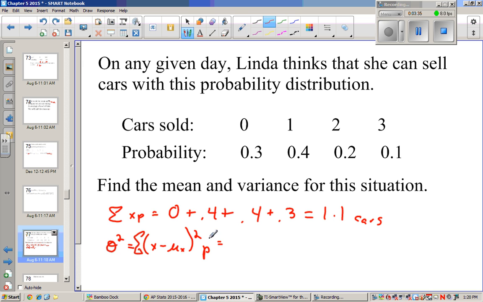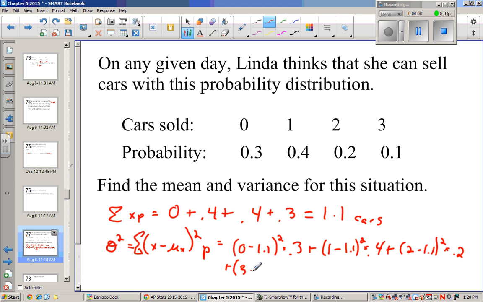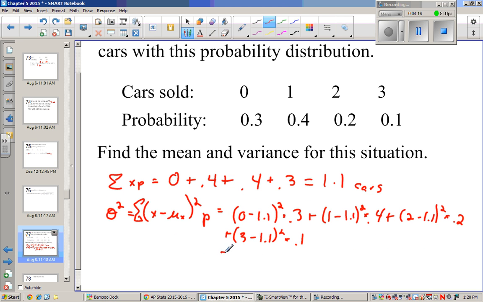So I'm going to take 0 minus 1.1 squared multiplied by my probability, which is 0.3, plus my x value 1 minus 1.1 squared times my probability, plus so on and so on. And finally, plus 3 minus 1.1 squared times 0.1. Now you just have to type this all in your calculator, and you'll find the variance.